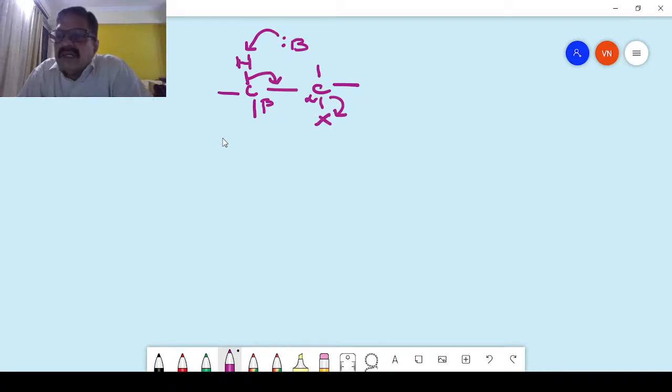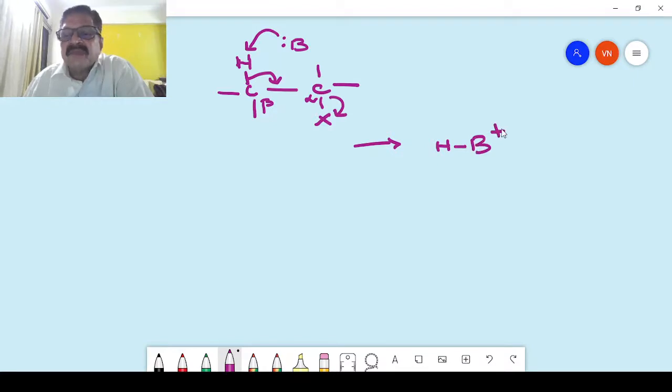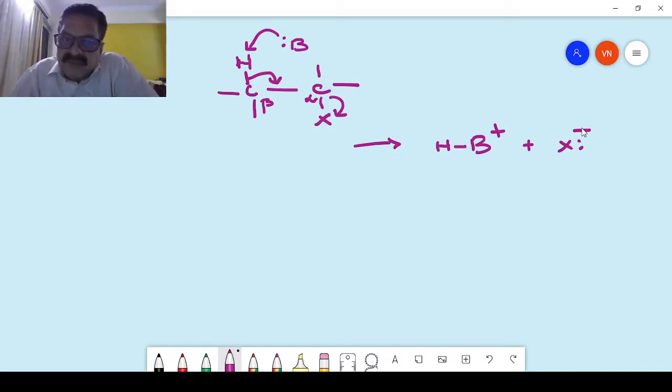Now here, the base B removes the proton from the beta carbon atom. Then it forms a bond, HB plus. Then X minus is the leaving group. The electron pair in the beta CH bond forms the new pi bond.